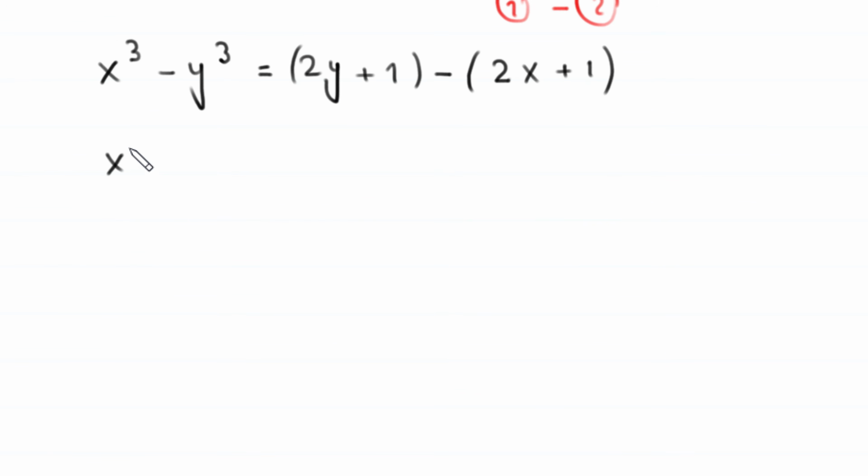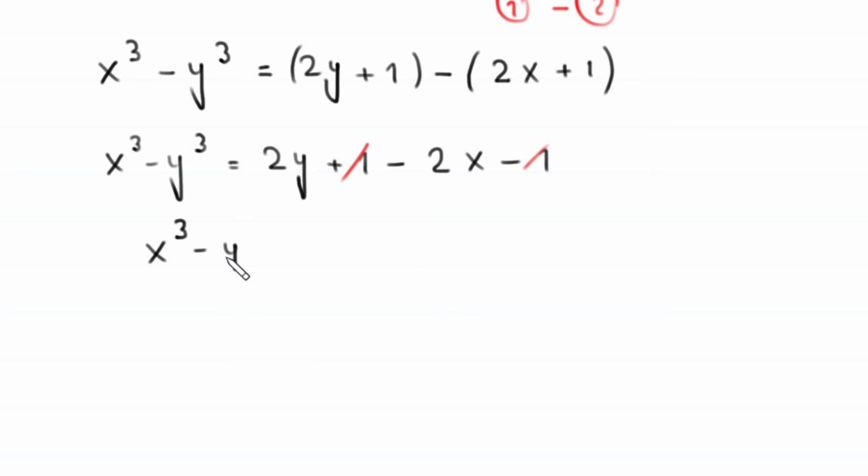Next, x cubed minus y cubed equal to, remove brackets, 2y plus 1 minus 2x minus 1. This negative 1 will be cancelled out with this positive 1, and we are left with x cubed minus y cubed equal to 2y minus 2x.